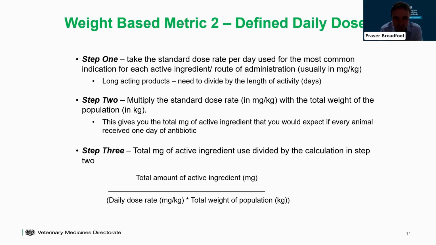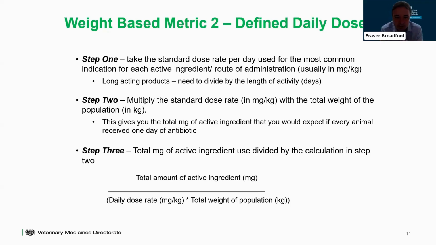So the dose rates will differ for different species. So you have to do this at a species level, and it can only be used for usage data that is split by species. So what you do is you find the dose rate for that species for the most common indication. This is the daily dose. This is the amount that you give for one day.